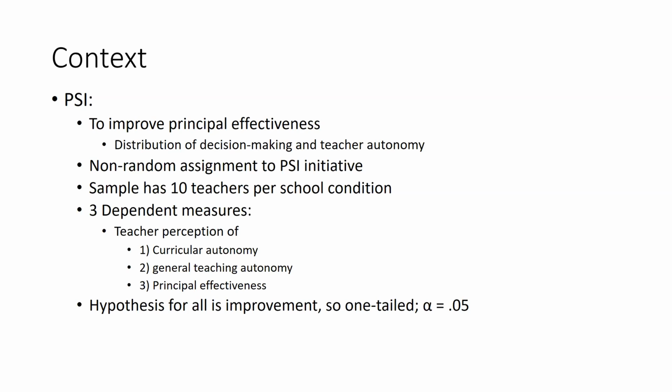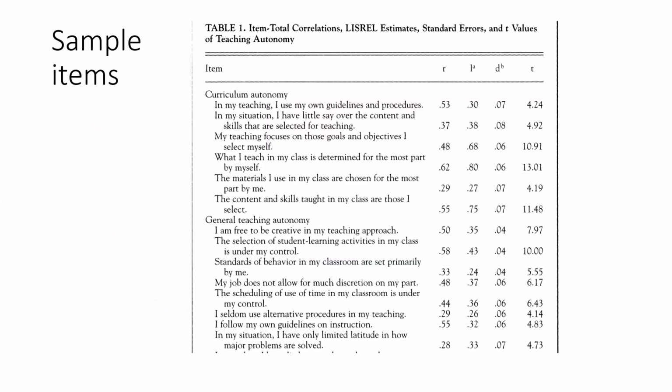And the alternative, which is what you want to support, is that mu1 minus mu2, mu1 being the population for the PSI sample, would be greater than 0. I should have written those down. Mu1 minus mu2, null is less than or equal to 0, mu1 minus mu2 is greater than 0. That's the way it should be stated. So again, those are the sample items, and now we're going to look at the data.